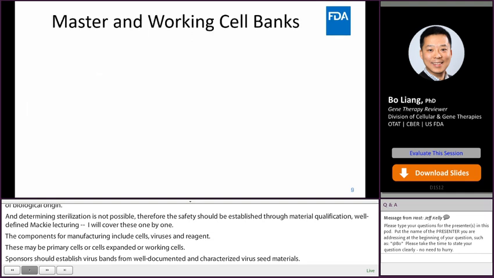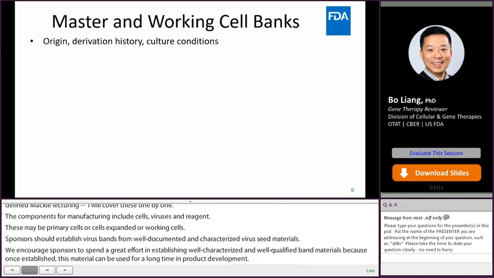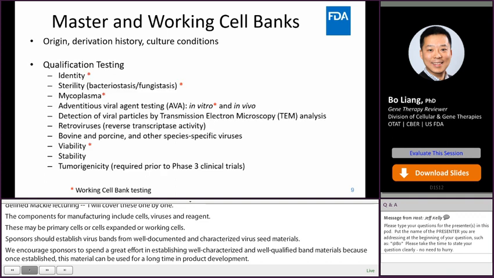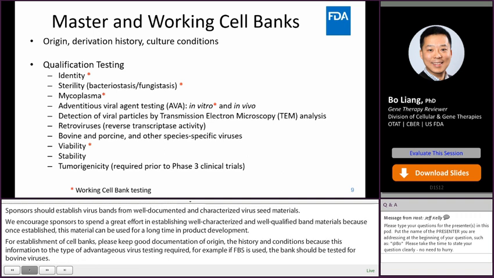For establishment of cell banks, please keep good documentation of the origin, derivation history, and culture conditions, because this information dictates the type of adventitious virus testing required. For example, if FBS is used, the bank should be tested for bovine viruses. In general, cell banks should be qualified to confirm their identity, safety, viability, and stability.